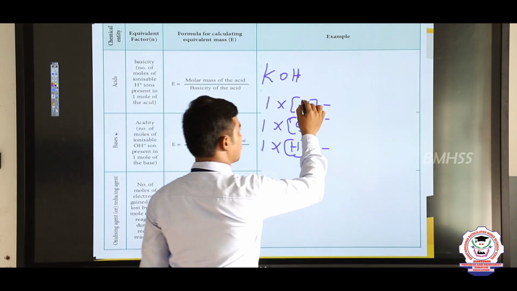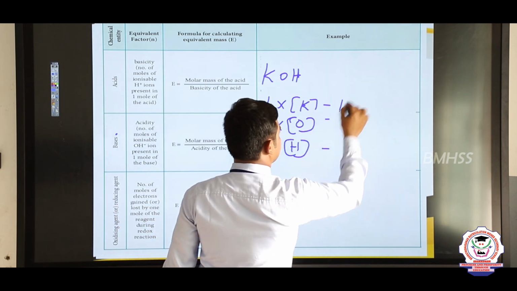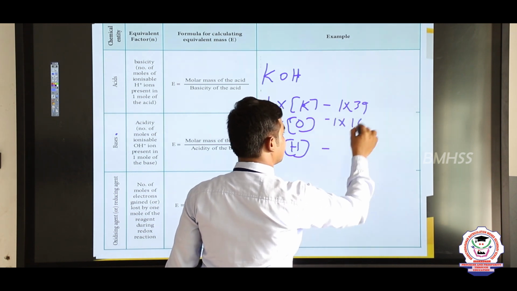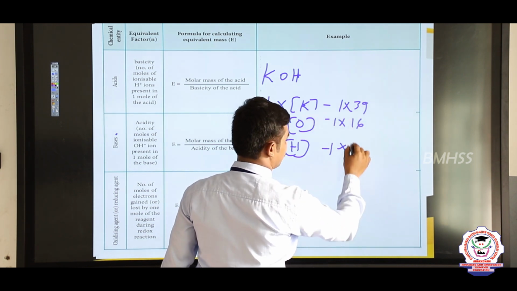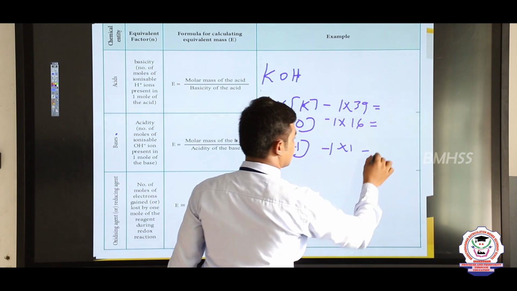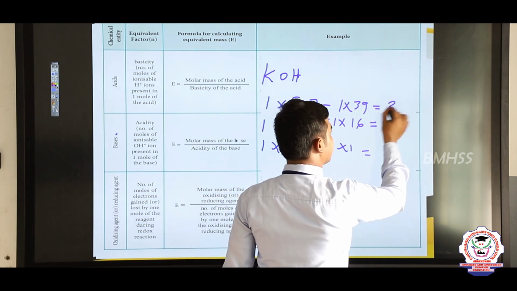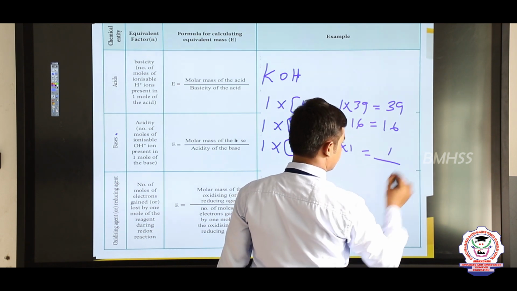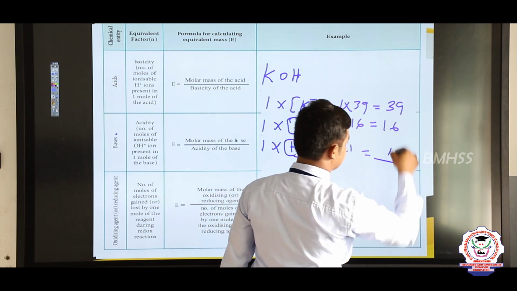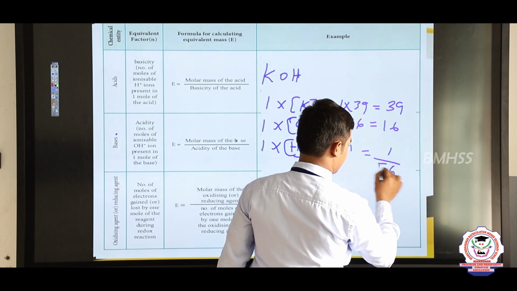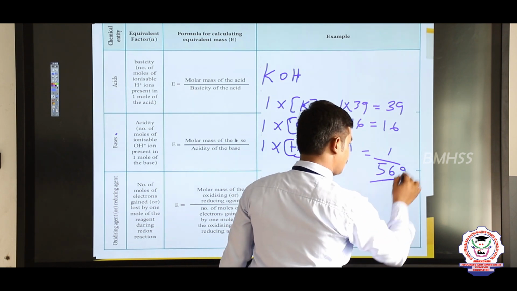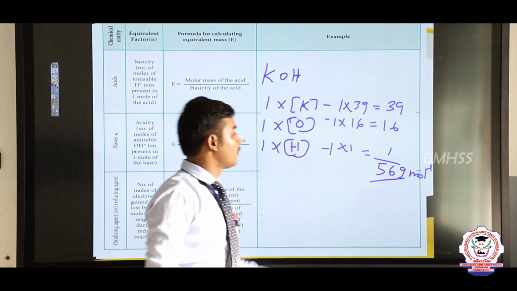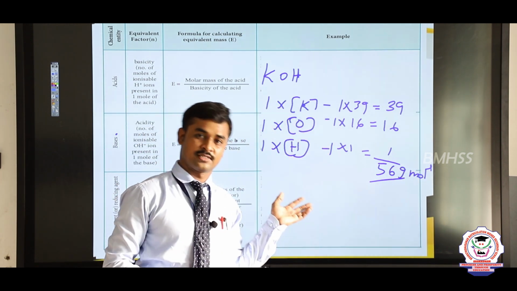The atomic mass for potassium is 39, for oxygen 16, and for hydrogen 1. So, we get the answer 56. So, 56 gram per mole is the molar mass of potassium hydroxide.